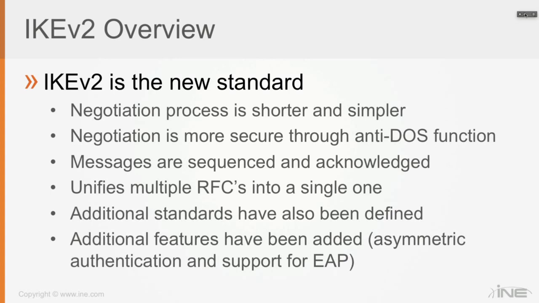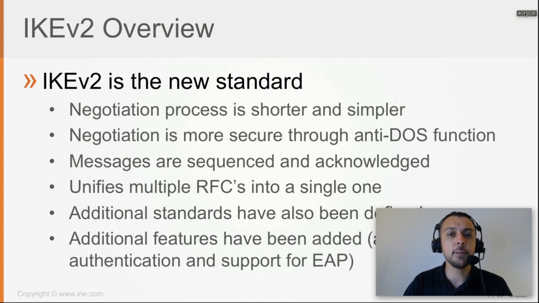And also additional features have been added, which means in IKEv2 we can have the VPN gateways authenticate differently. So asymmetric authentication is supported in IKEv2. In IKEv1, both VPN gateways have to run the same authentication method, either pre-shared keys or RSA digital certificates or elliptic curve digital certificates or RSA nonces. So both of them had to use the same authentication method.